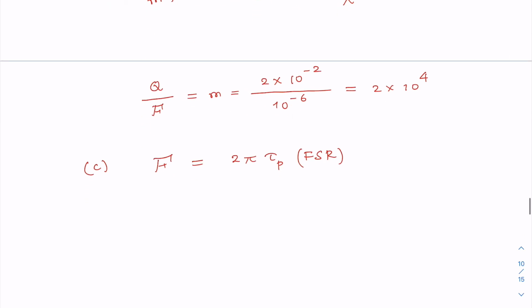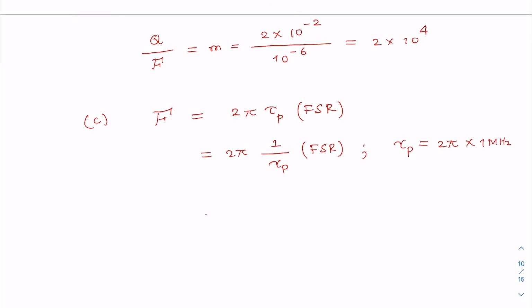Now this cavity photon lifetime is tau p is equal to 1 by gamma p, and we already calculated the free spectral range, and gamma p is given to us as 2 pi times 1 megahertz.